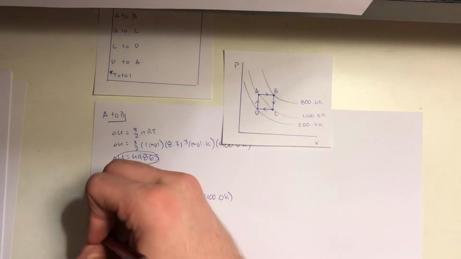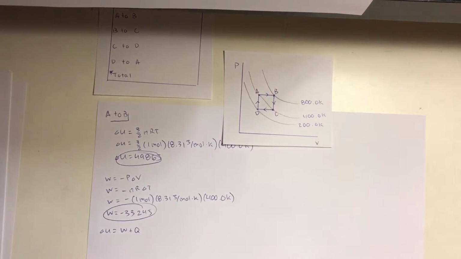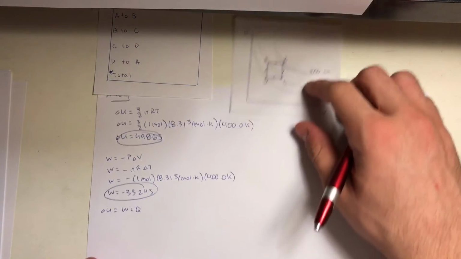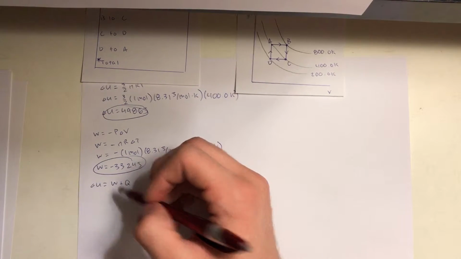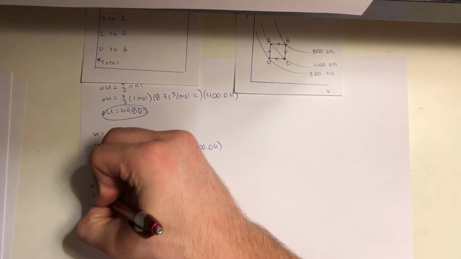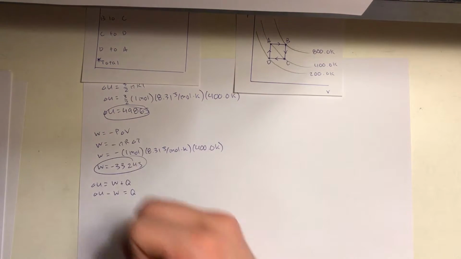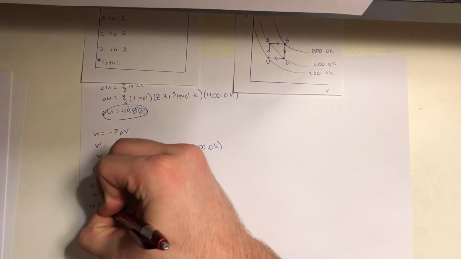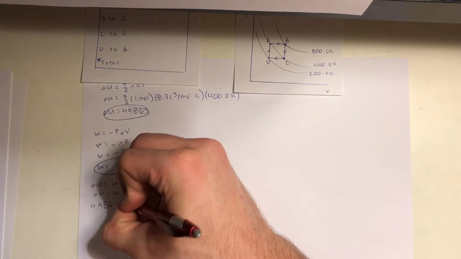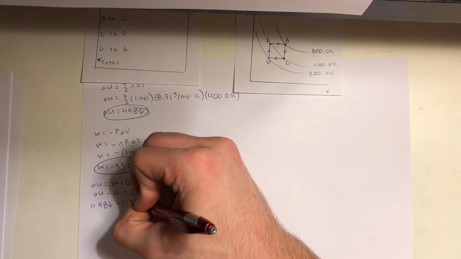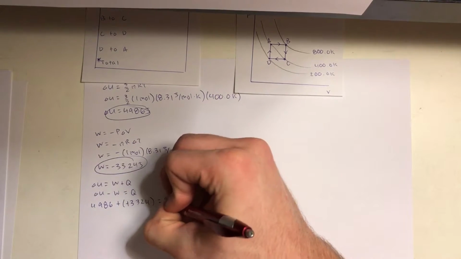And now the easiest one of the 3, since change in internal energy equals work plus Q, we have U and W. So if we go U minus W equals Q, U is 4,986, and we're going to minus a negative, so that's going to be a plus.